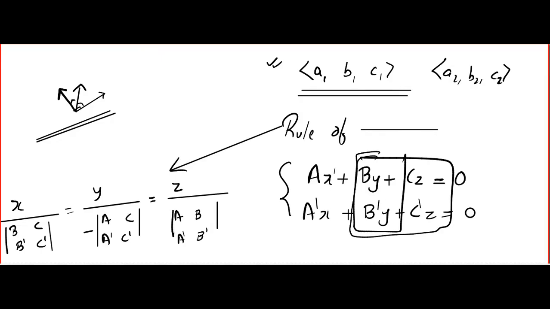Okay, now the last and a very important rule. Look at this. Suppose we have two planes P1 equal to 0 and P2 equal to 0. By the way, assume that these planes are not parallel. That means they intersect.